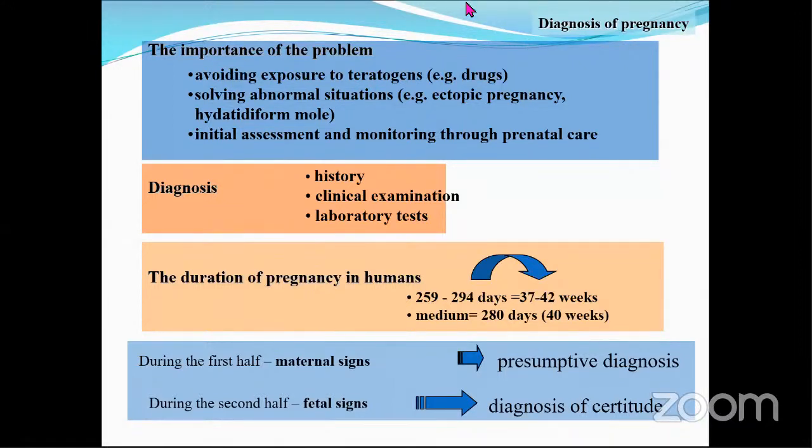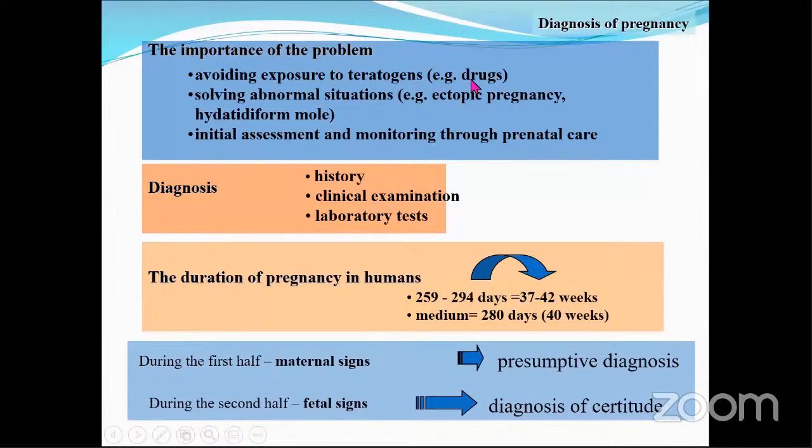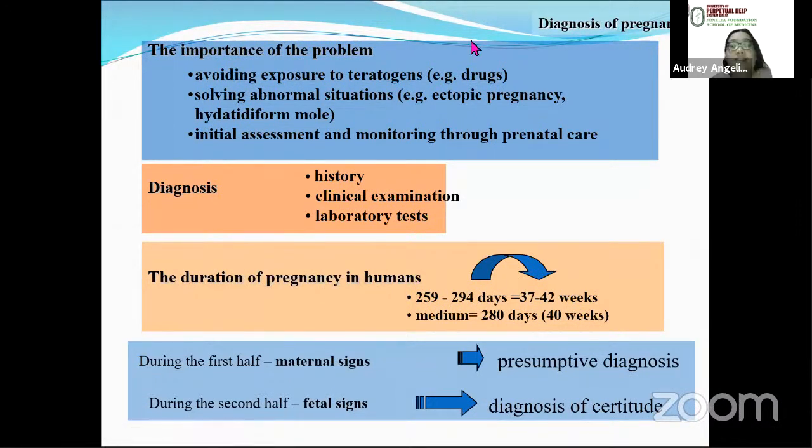But how do you compute that without your smartphone? Anyone? The quickening, then using the measuring tape. No, not physical examination. All that we have so far is your first day of your last menses. So how will you compute for your age of gestation?